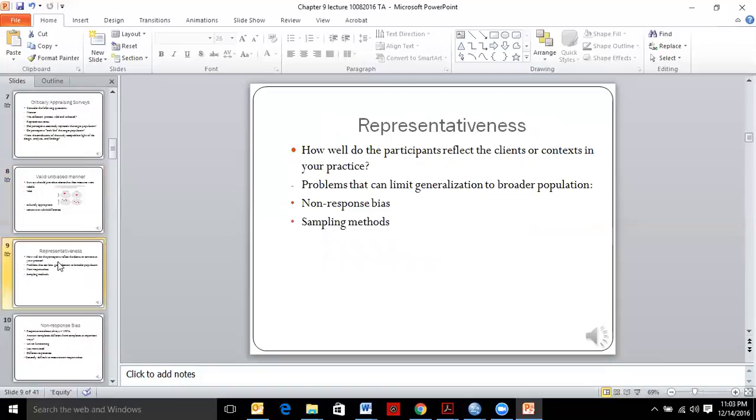We also said that when we appraise the survey, we should ask if it was representative.